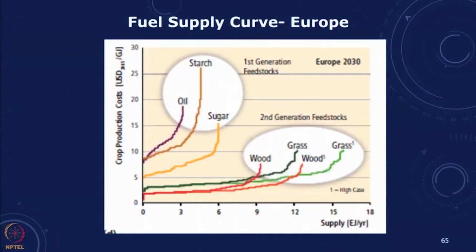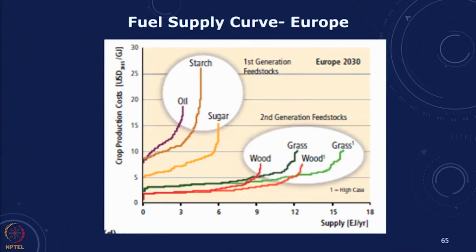In Europe, there have been some estimates from different technologies for conversion. There is first generation, second generation, and with genetic engineering we are looking at different kinds of conversion routes.